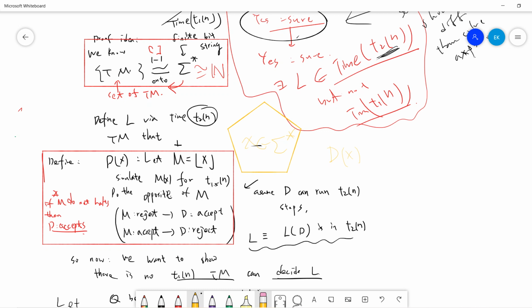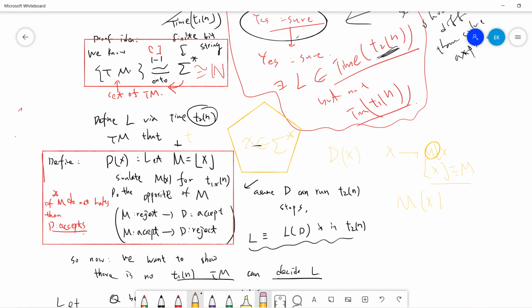That means we first change this x into another Turing machine, which I call M. Remember that M is a Turing machine transformation of the original x. Then we simulate M on x for T1(n) time.